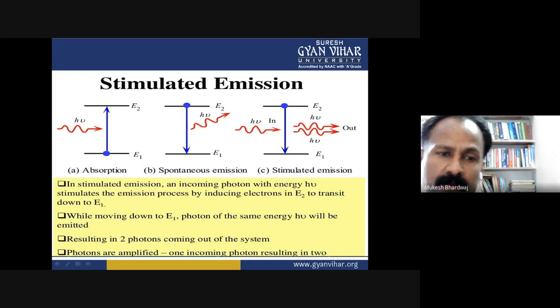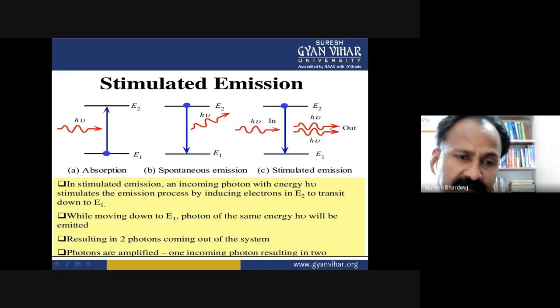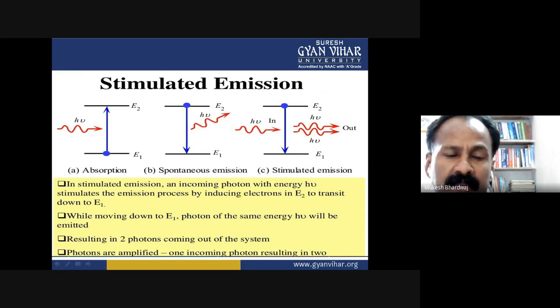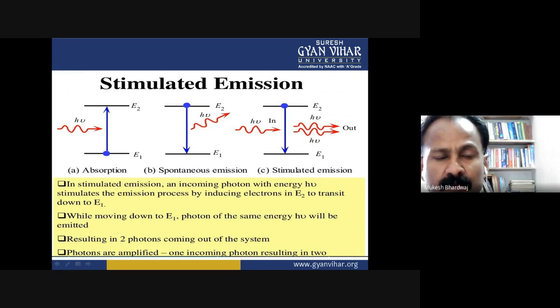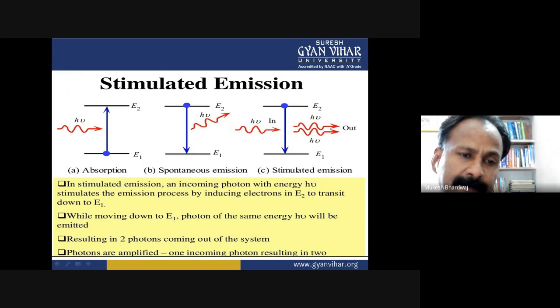Now, when an atom reaches the energy state E2, which is an almost unstable state, for no long period the atom can sustain itself in the E2 state and tries to come back to the E1 state.